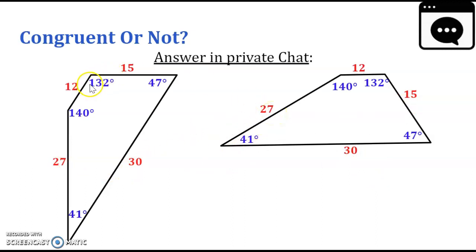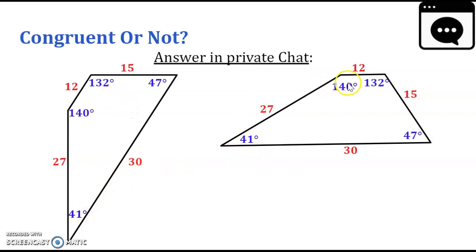Also, we need to match up the angles. The 132 is between 12 units and 15 units in size. So between 12 units and 15, it's 132 as well. And then between 15 and 30, it's 47 degrees and 47 degrees here, so the angles match up there. And then finally between the 30 unit and 27 unit, it's 41 degrees and 41 degrees here.